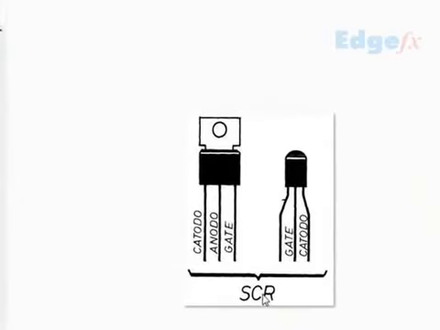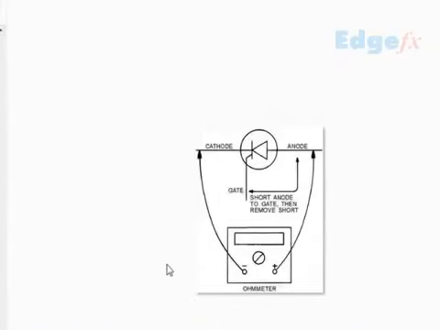As far as the testing of the SCR is concerned, the process to be followed is this. First, you put your anode, that is the red one, this side, and cathode, the black one, this side, and temporarily short the gate and the anode. Some little current will flow from the positive, because they will be shorted, from here to here.